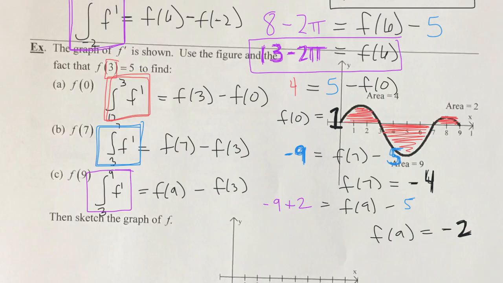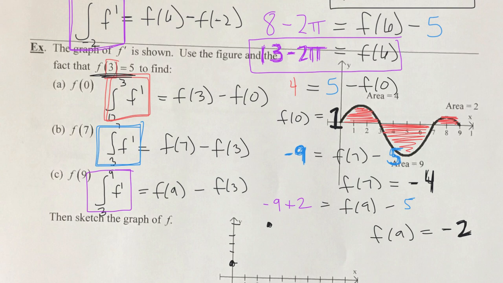So now it says sketch a graph of f. So let's go. When x is 0, we were at 1. Okay, I know f of 3 was 5. 2, 3, 4, 5. So we're at 3 and 5. There's the point there. At 7, I'm at -4. 1, 2, 3, 4.